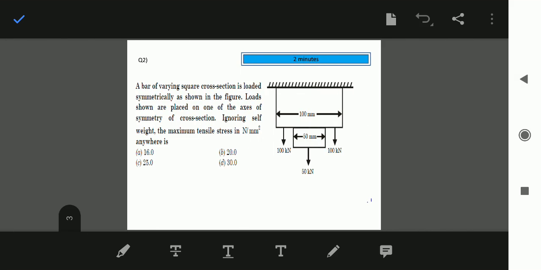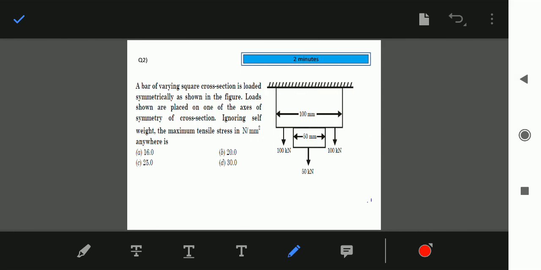Question number 2. We have to find the maximum tensile stress. First of all we have to categorize the two blocks, first block and second block. So this one is the second block.